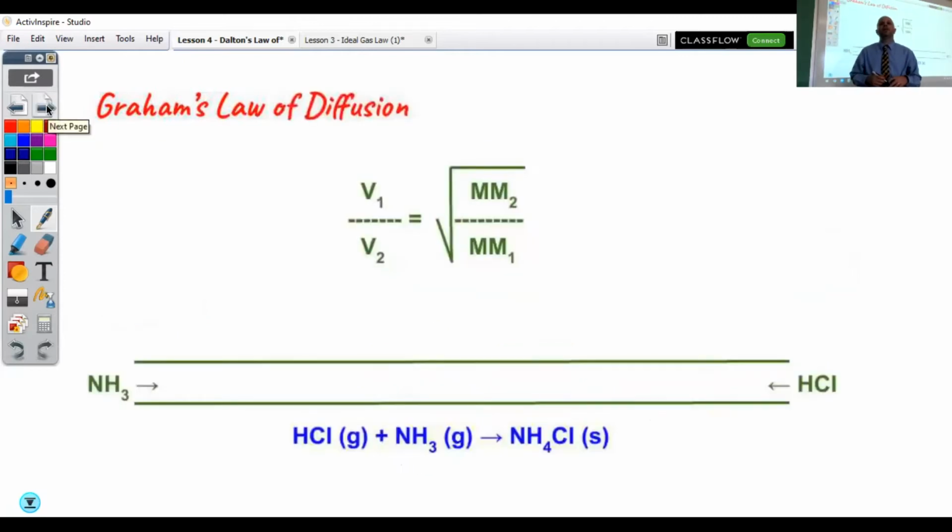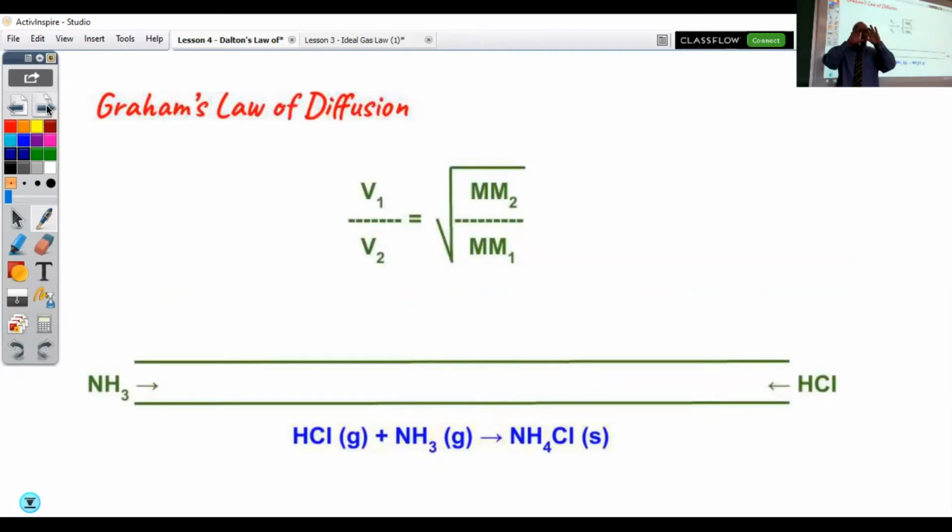Let's take a look at what this would look like in terms of an actual problem. So we're going to look at a chemical reaction that occurs between ammonia gas and hydrochloric acid, which is also a gas when not dissolved in water. So in this case, notice that we have this kind of container where the gas is going to be introduced on opposite sides.